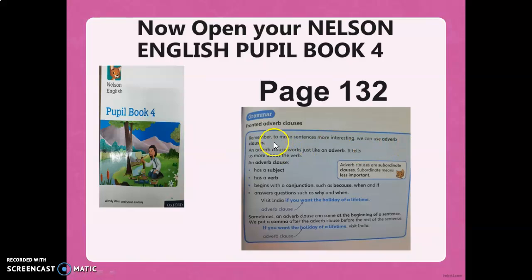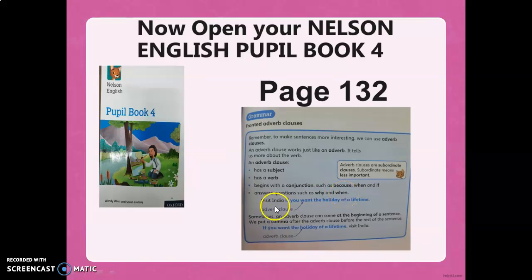Adverb clauses are sentences that describe the verb. An adverb clause must contain a subject and a verb, and it always begins with a conjunction such as because, when, and if. It also answers questions such as why and when.